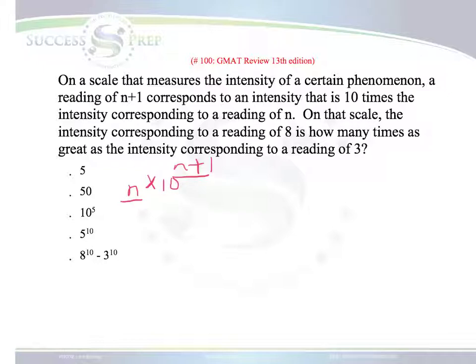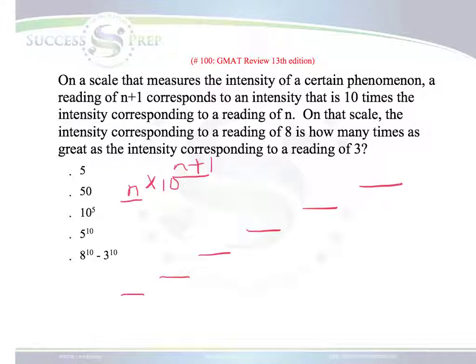So if we use that idea, they're asking us to figure out the intensity between a reading of 8 and a reading of 3. So if you use this same step method that I just showed you, let's use the same method here. So let's go through 3, 4, 5, 6, 7, 8.